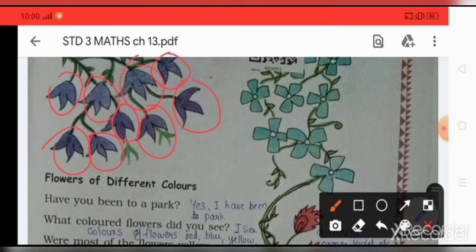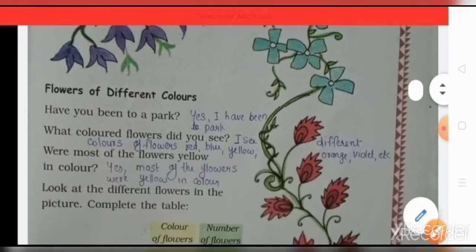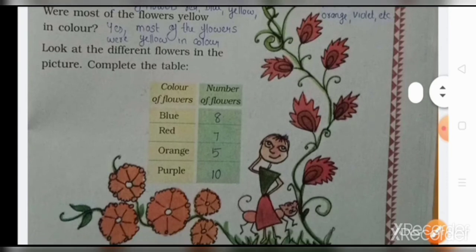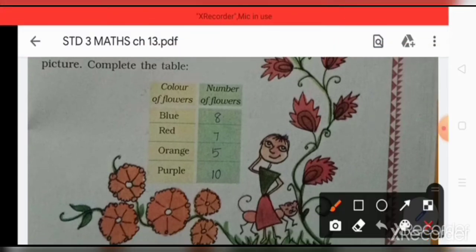And blue: 1, 2, 3, 4, 5, 6, 7, 8. And red, how many flowers are there?